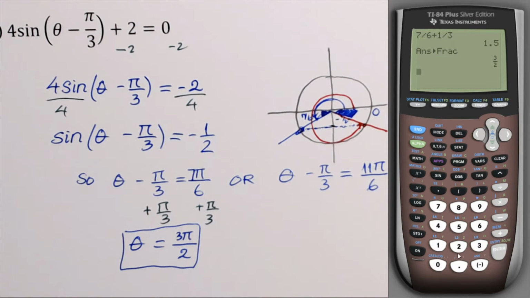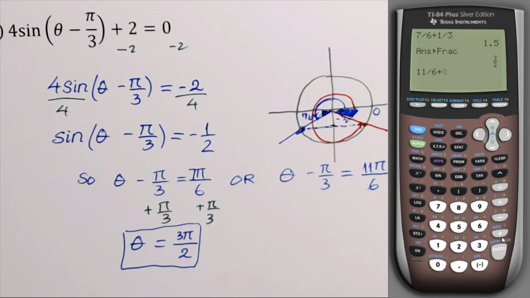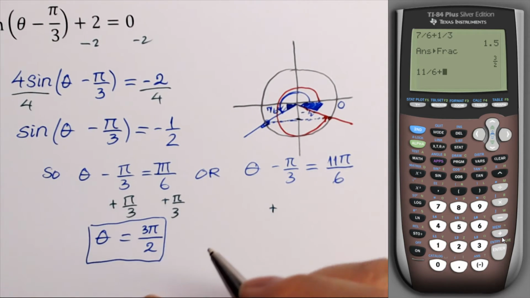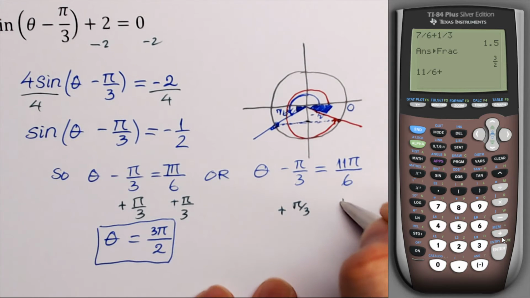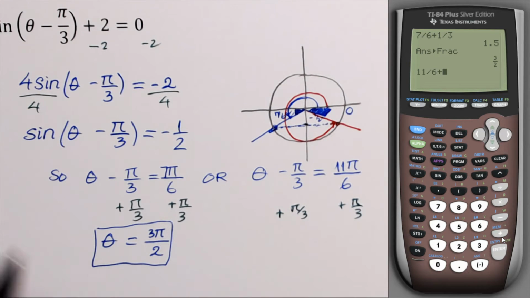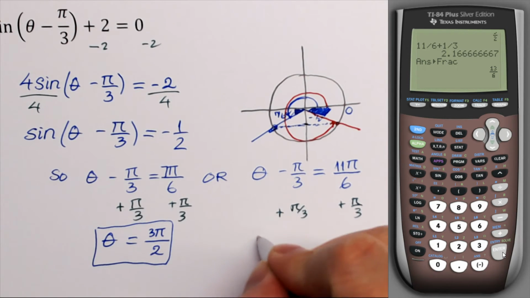Next we have 11 over 6, and we're going to add pi over 3 on both sides. And we have 13 over 6 pi.